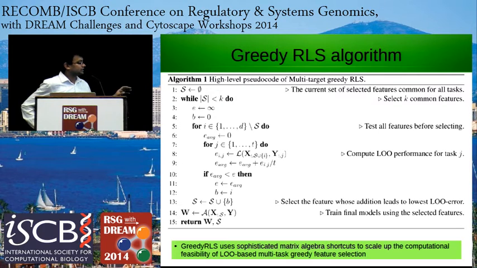The specialty of greedy RLS is that it uses very specific computational shortcuts in matrix algebra to scale up the computational feasibility. As a result, this can be done in linear time.